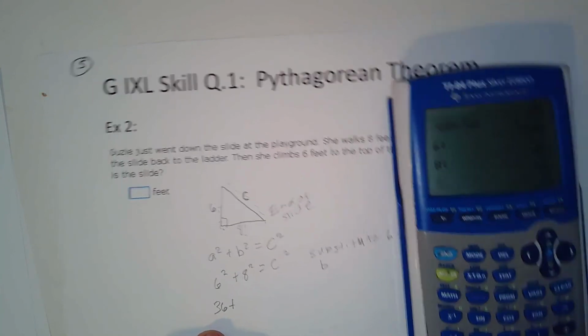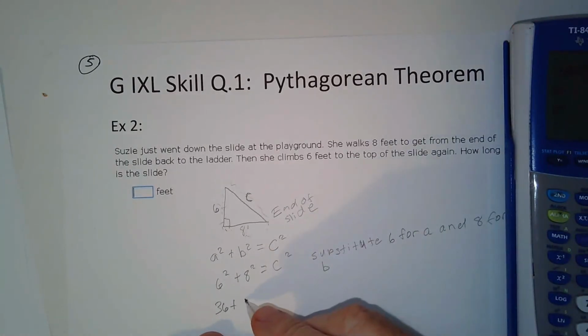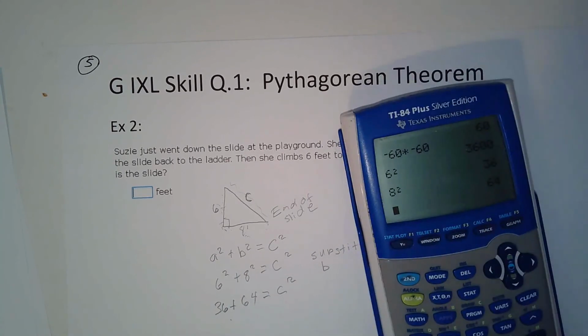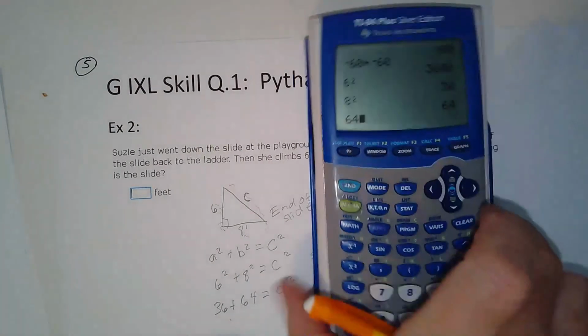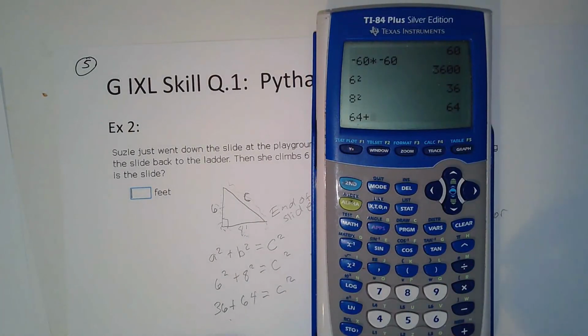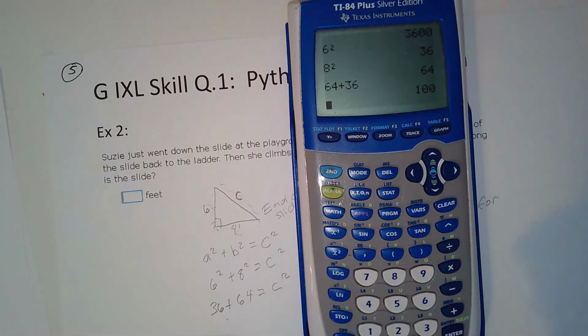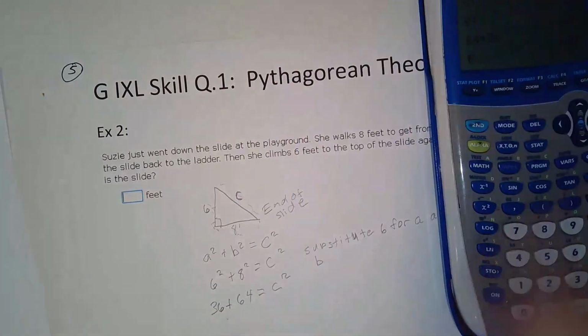Hit enter, and you get 64. Now most of you can, in your head, figure out that 6 squared is 6 times 6 or 36, and 8 squared is 8 times 8 or 64. All right, so we want to know what c is, so we've got to add together 64 and 36. So 64 plus 36. And that answer is 100. Oh, that's an easy one.